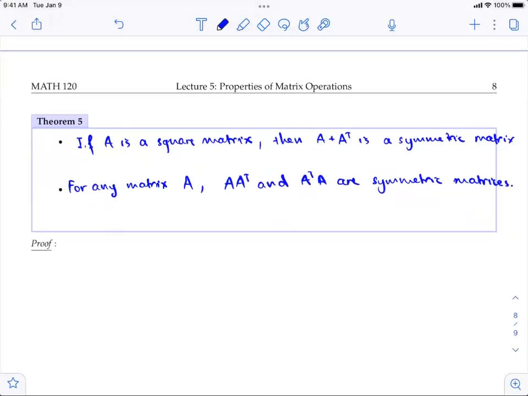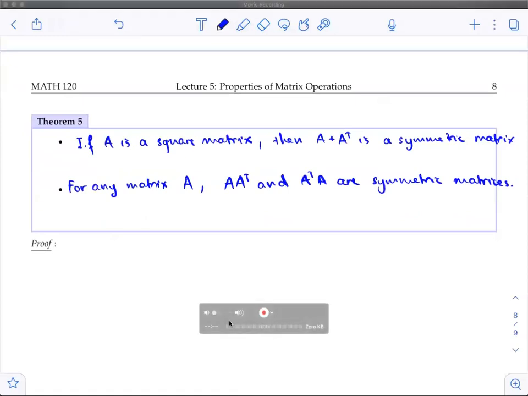All right, so let's prove these two statements, because it's a very straightforward proof, and we're just going to use the properties of the transpose of the matrix.